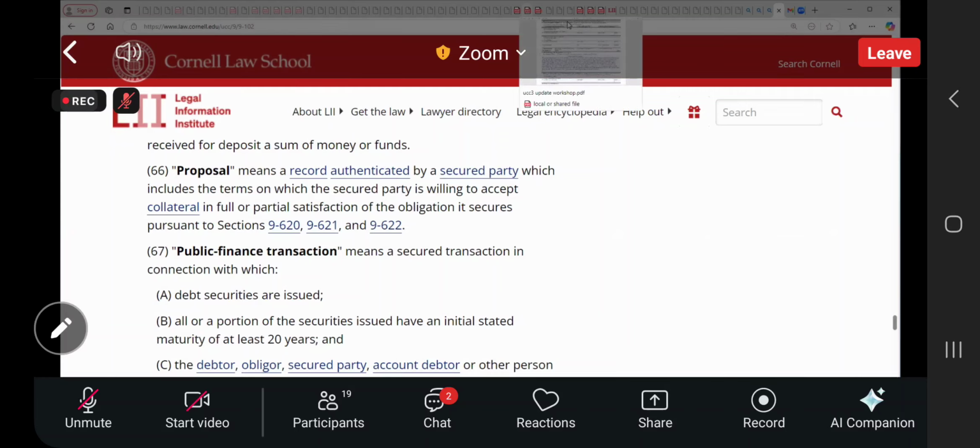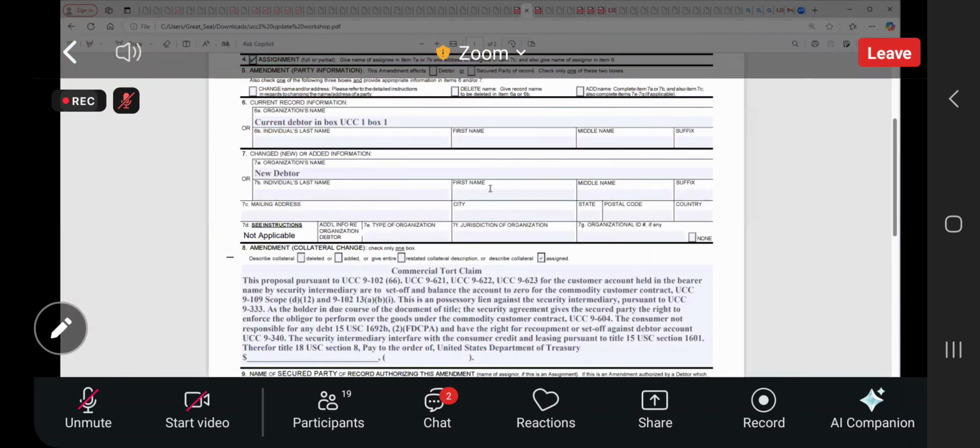These codes are in there. If you don't see it on this one, it's in the next one. Okay, UCC 9-621, 622, and 623 for the customer account held in the bearer's name by the securities intermediary are to set off and balance the account to 0 for the commodity customer contract.